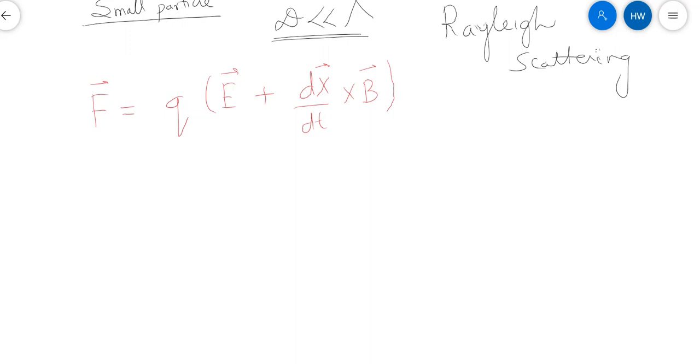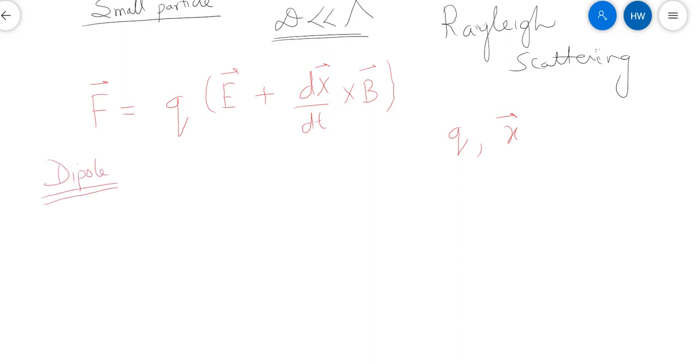Right, now the charge is Q and its position is given by x. Now remember that once I have a dielectric particle, what I'm going to generate because of my electric field is basically a dipole.